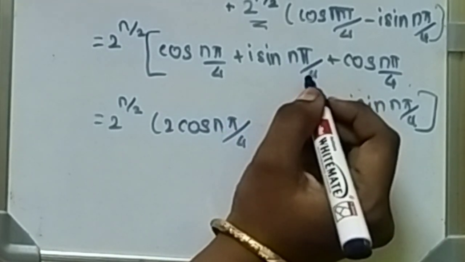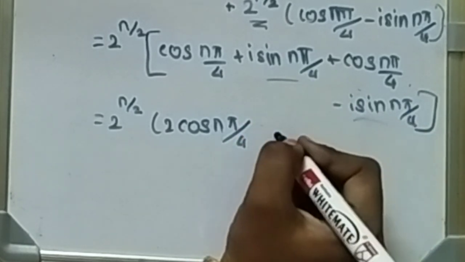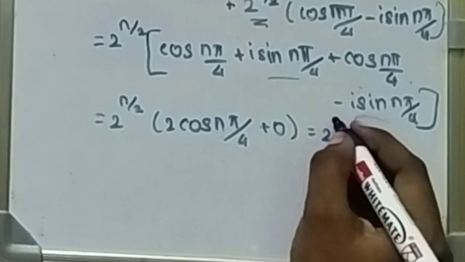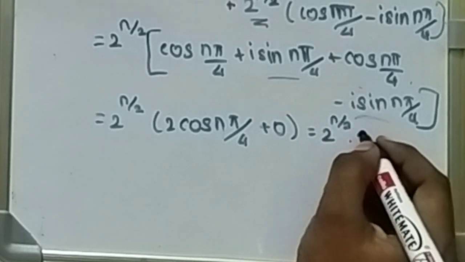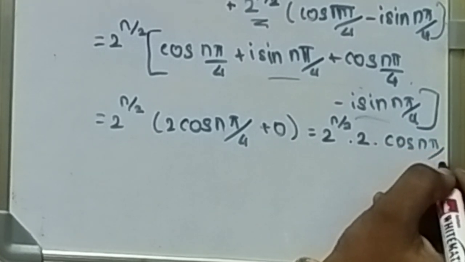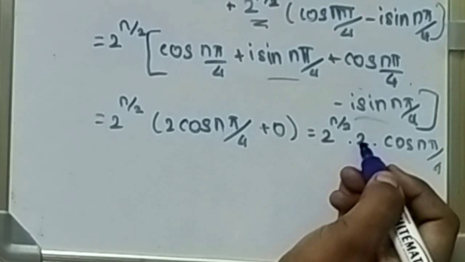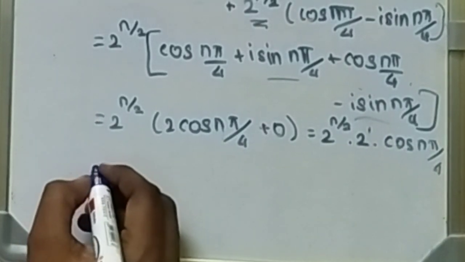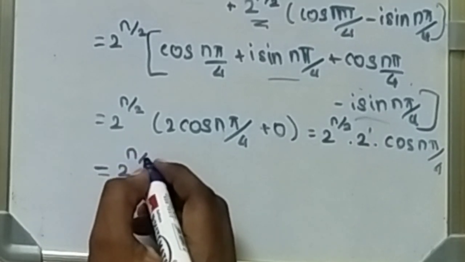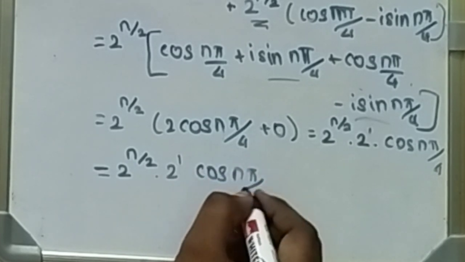I sin n pi by 4 minus i sin n pi by 4 becomes 0, right? So it will be equal to 2 power n by 2 multiplied by 2 multiplied by cos n pi by 4. We can write 2 as 2 power 1.